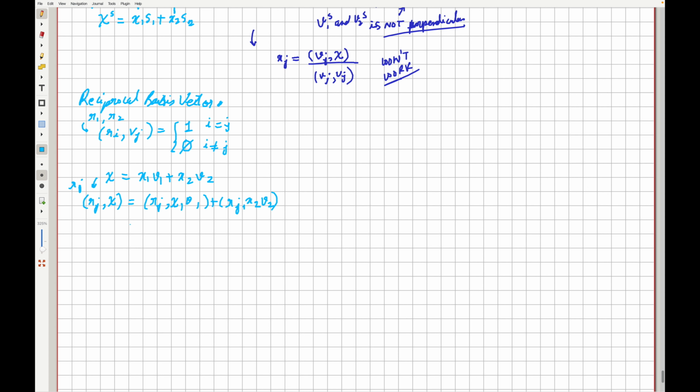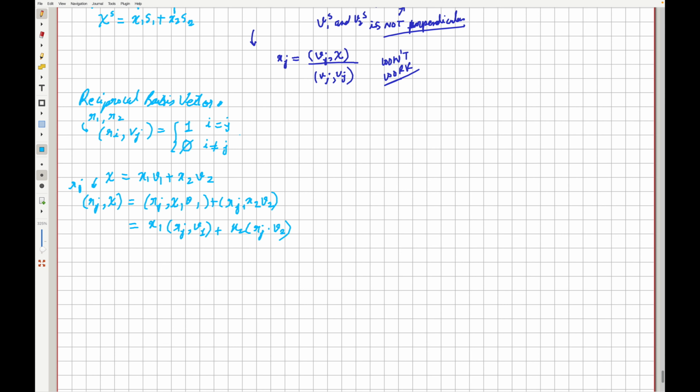Then we can move things around, and we get the x1 out, so we have x1 times rj dotted with v1, and then x2 times rj dotted with v2.